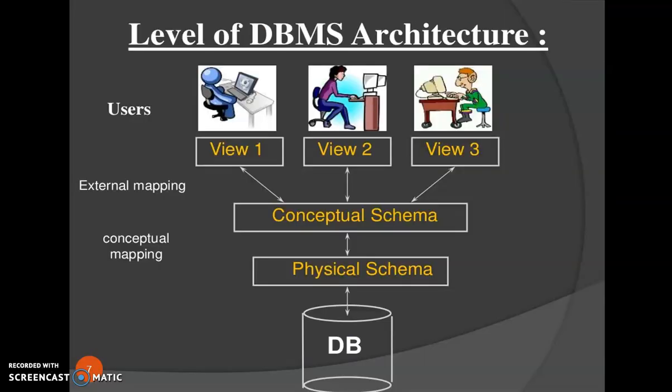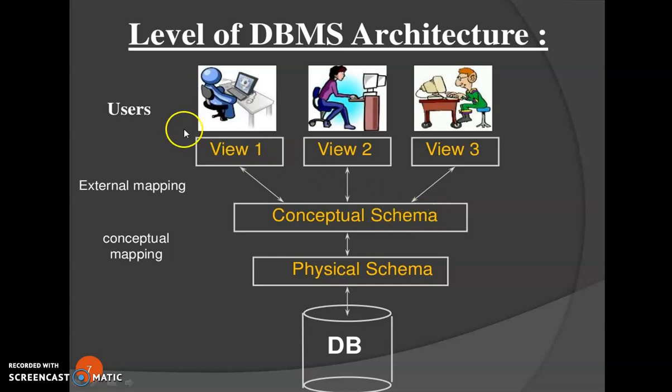Okay. So this is the pictorial representation of the three levels of DBMS architecture. The lowest level is the physical level, on which the physical schema acts. The second level is the conceptual level, on which the conceptual schema acts.